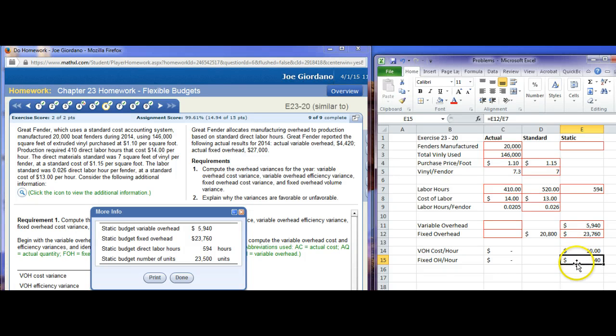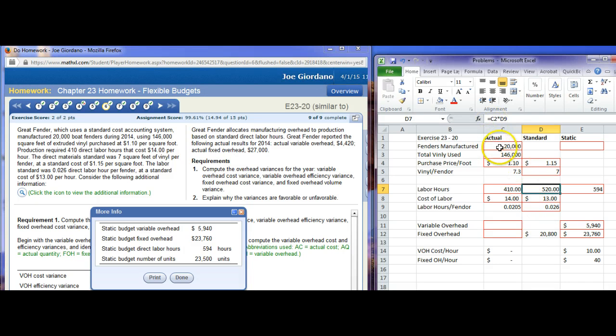So then I can now take this $40 per labor hour and multiply it by my C2. I can take my 20,000 fenders and multiply it by my labor hours per fender to get my total labor hours there. And this is your flexible budget.